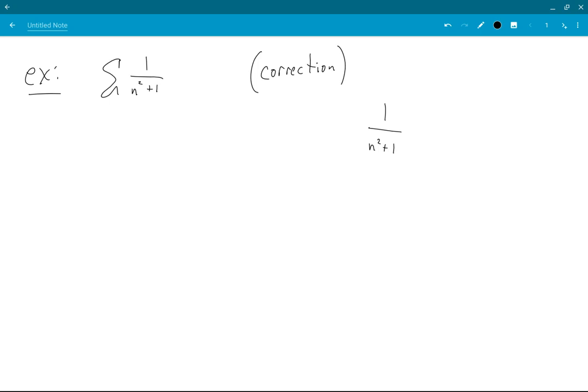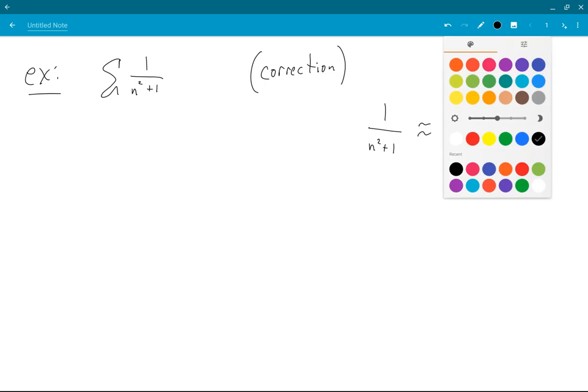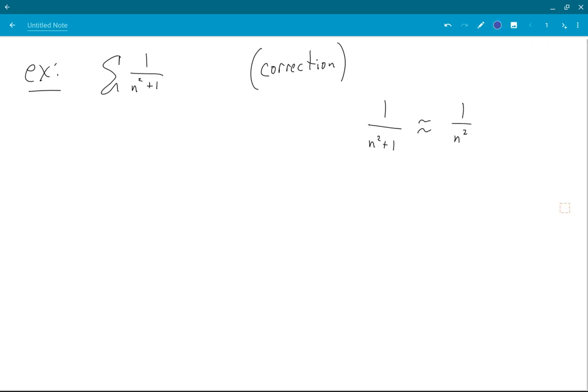So I say to myself, okay, when n is large, that 1 on the bottom does not matter. So I expect this thing to behave like this when n is large.